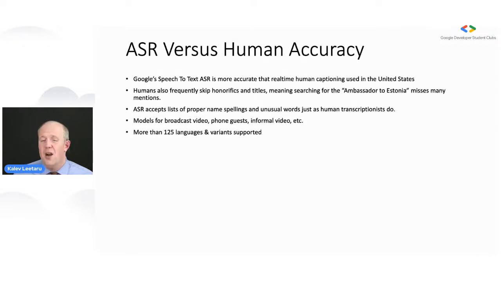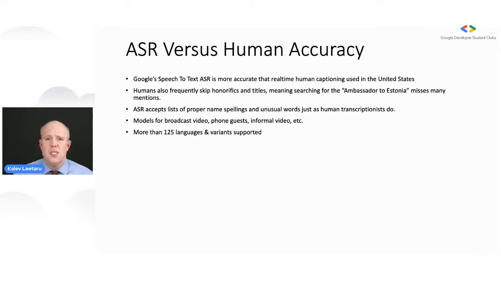But we want to compare how the machine ASR, so speech recognition from Cloud Video, using the English language video model, which is a very high-end model, compares against having the live humans typing it. It turns out the machine actually beats the humans, and that's because television news is typed live. There's literally a human being watching CNN as you watch it, frantically typing on a keyboard, which means that if, for example, there's a name on the screen that they're not familiar with, they might mistype it or just not type it.